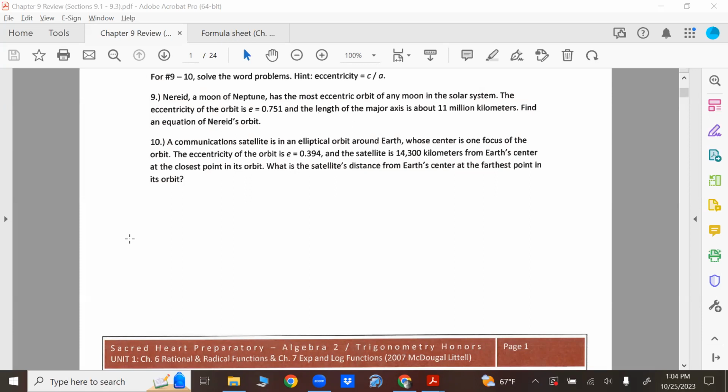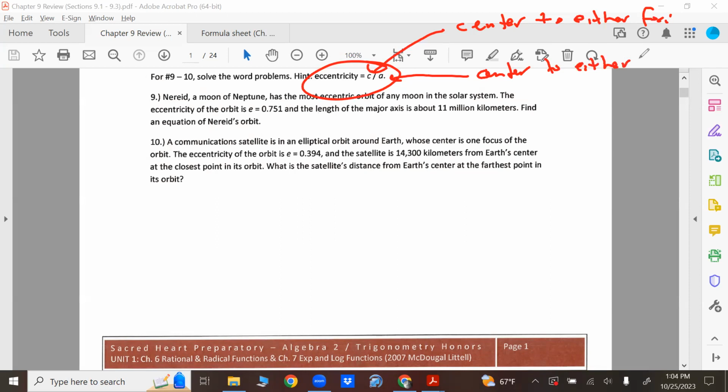I'll have a discussion about eccentricity for circles in just a little bit, but eccentricity is defined as C over A, where C is the distance from the center to either focus, right? Either foci. And A is from the center to either vertex. And it's a measure of how elliptical. Is it very oval? Is it more circular, you know?